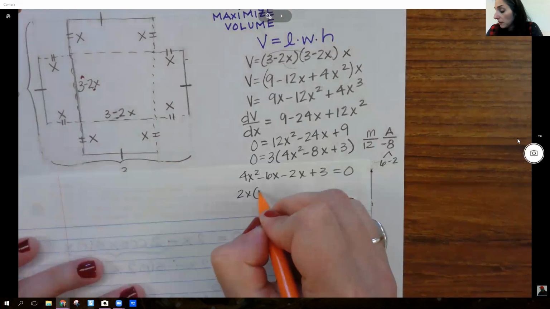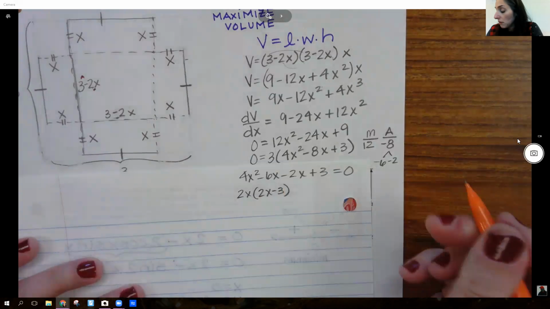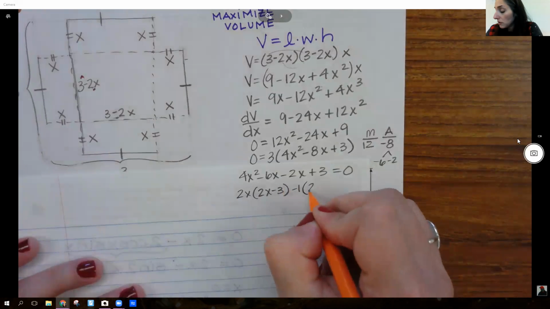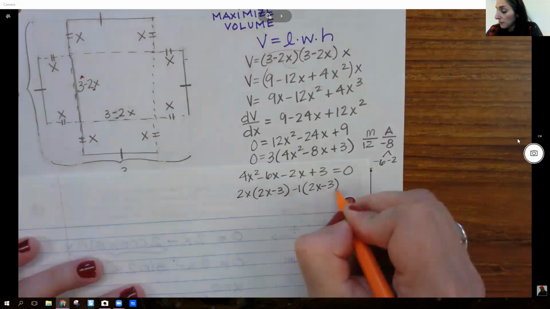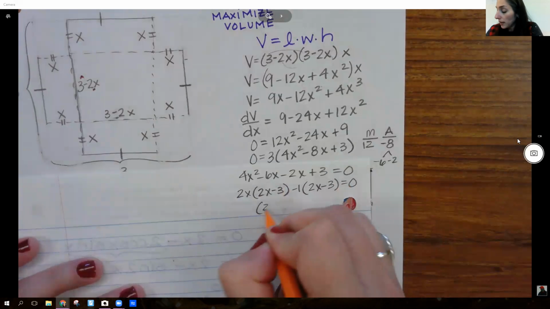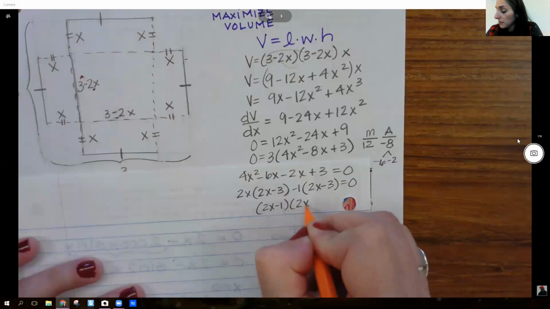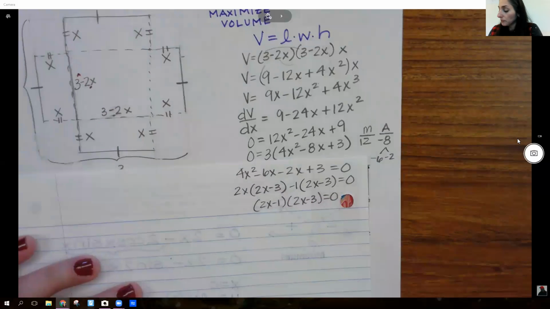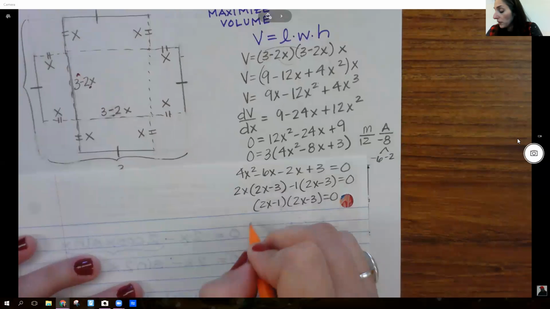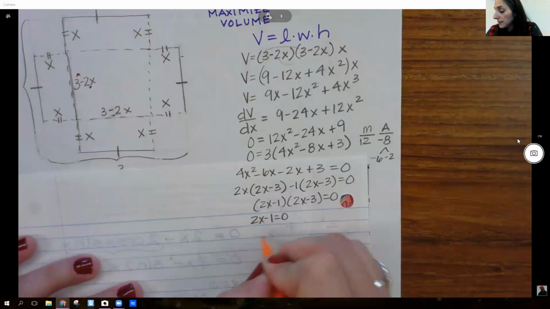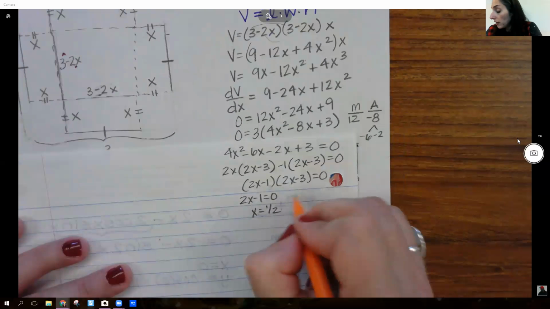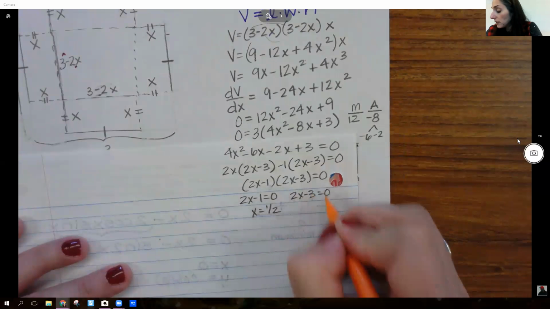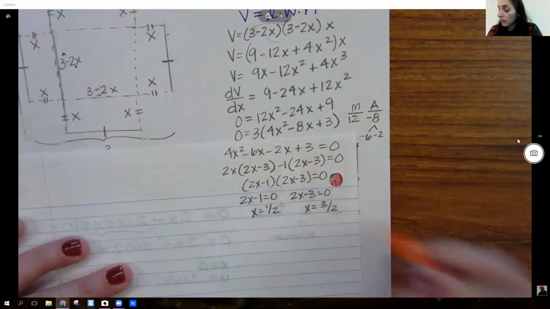Take a 2x out, 2x minus 3. Take a -1 out. And you can write this in any order and it'll still work out. Same thing. So 2x minus 1, 2x minus 3. So one of your answers is 1/2. Your other answer is 3/2.